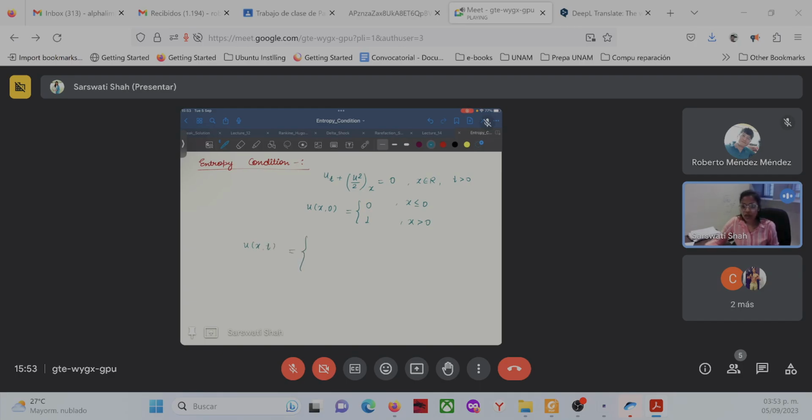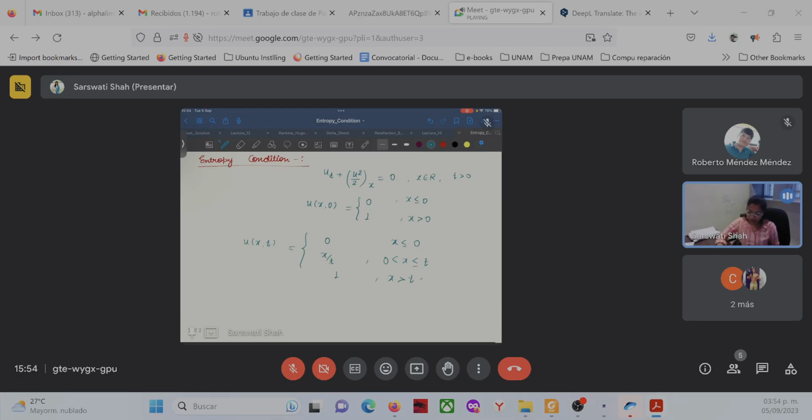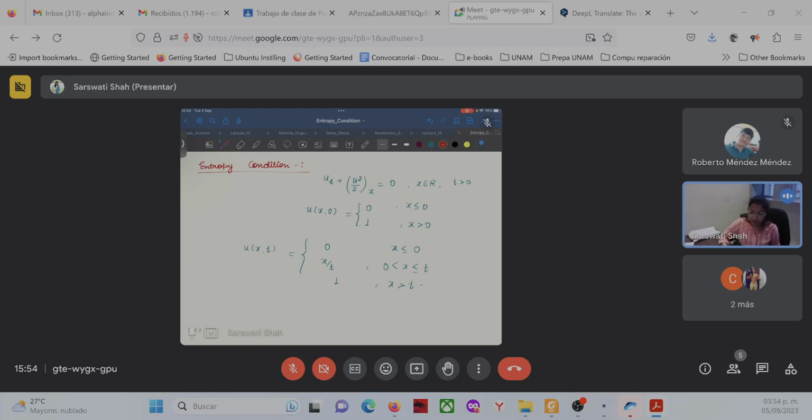The solution which we computed was 0 when x is less than or equal to 0, x by t when x is lying between 0 and t, and 1 when x is greater than t. So this was the solution, and according to that, your graph was this.